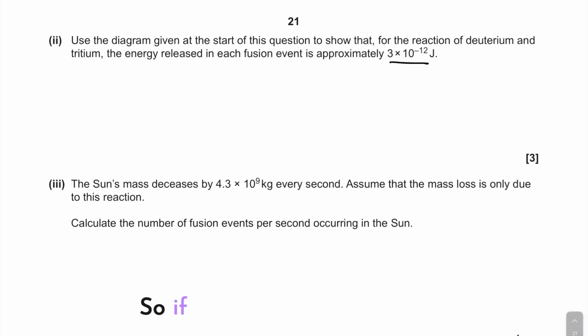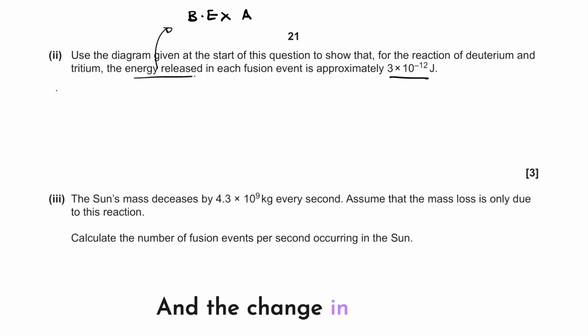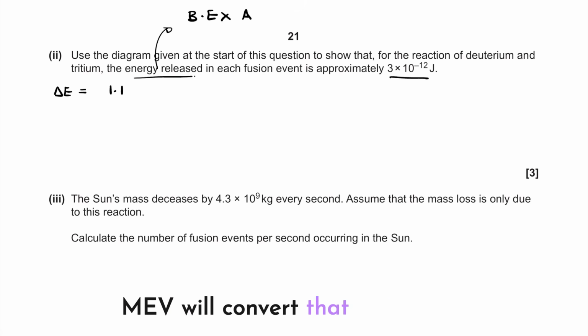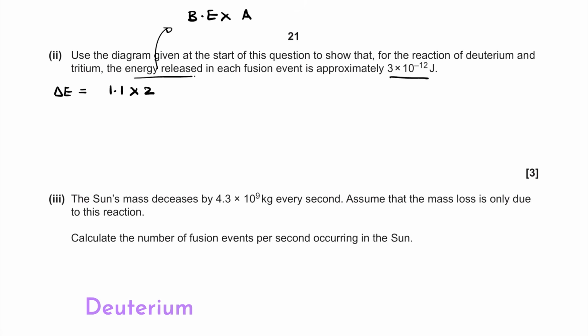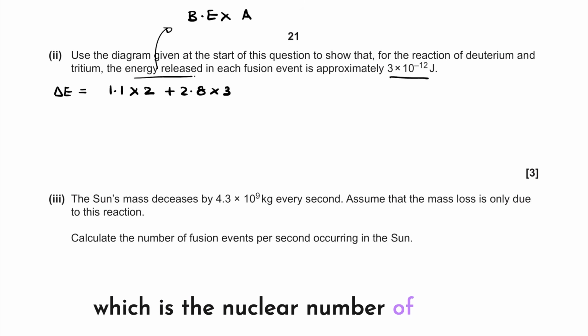If you want to calculate the energy released, it is essentially the binding energy times the nucleon number. The change in energy, or the energy released, is 1.1 MeV, which we'll convert all at once into joules, times the number of nucleons, which is 2 for deuterium. Then we have 2.8 times 3, which is the nucleon number of tritium.